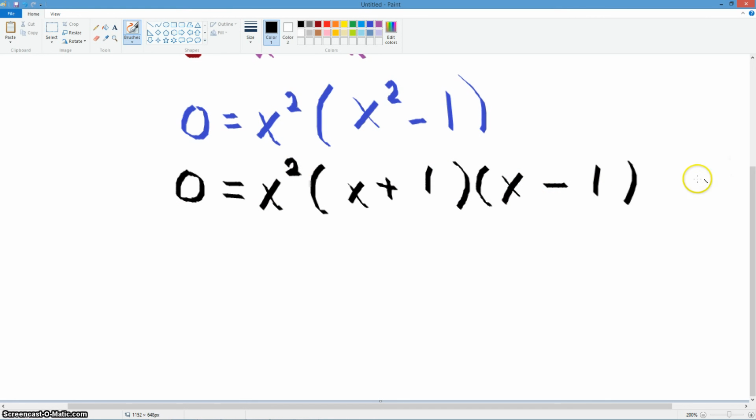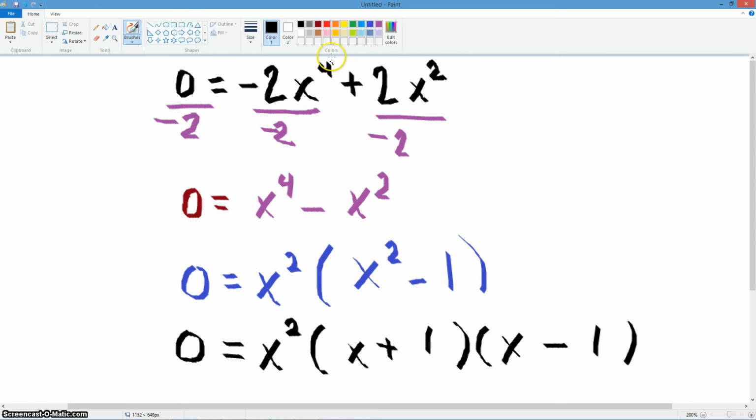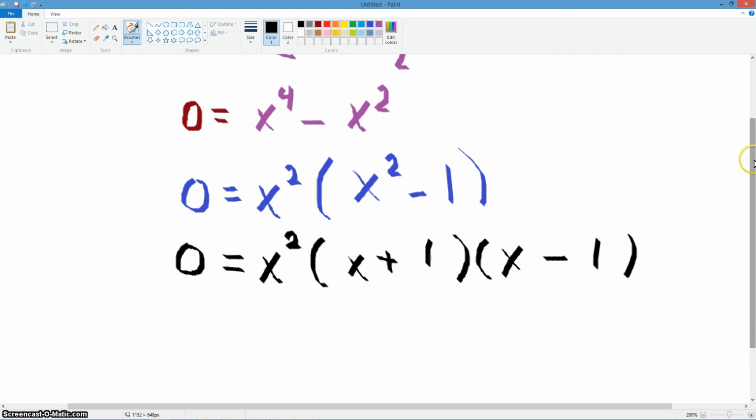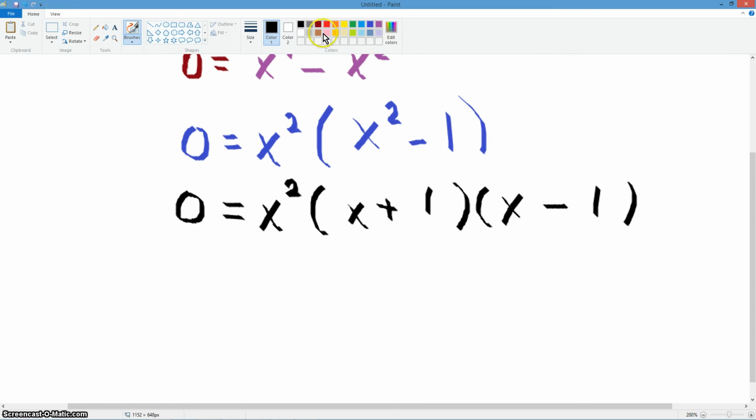So now, actually, let's go up. The highest exponent here is 4, so I should be expecting 4 answers. All right, so I'm going to start off with this one. 0 equals x squared. I don't want x squared, I want x, so I'm going to have to take the root.